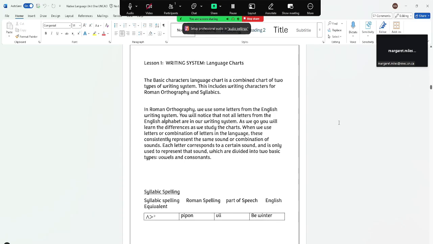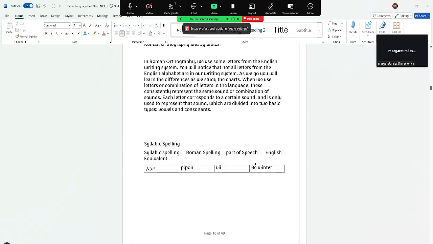So syllabic spelling is written, the example is on the sheet. So syllabic spelling is on the first block, and it says in the Roman language and part of speech, and in English what it means.